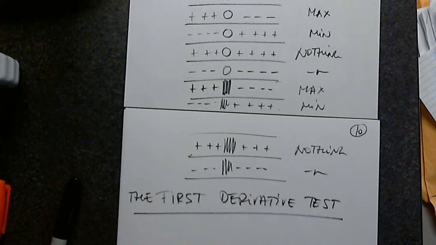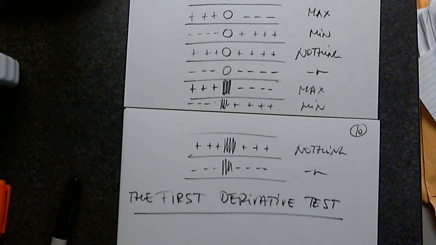Okay, I want to practice one more problem here. On page 299, we're going to do this in 2 stages, or do you want to talk about the second derivative test before?